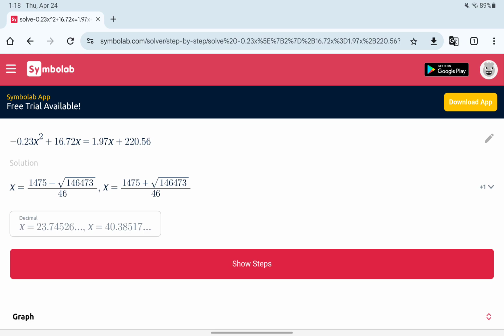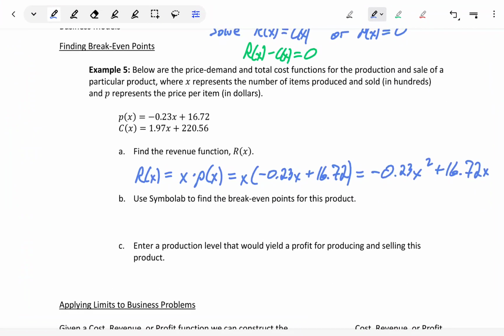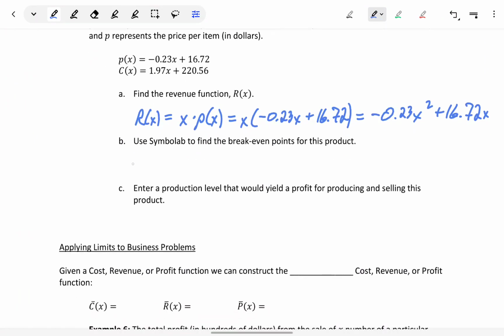The exact form of the solution is still kind of ugly, but it's giving us these approximate forms which are much nicer, and those are the values that we want to use. So when we solved this, we come up with x is approximately 23.7453, and we got 40.3852.